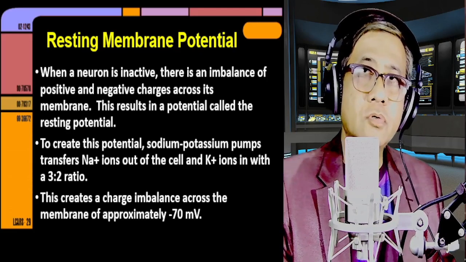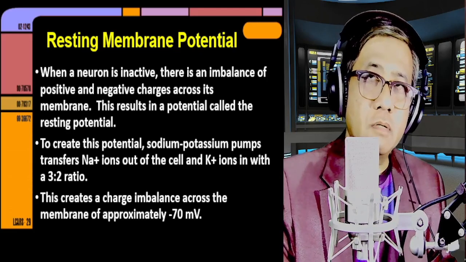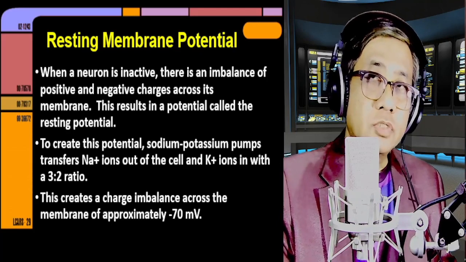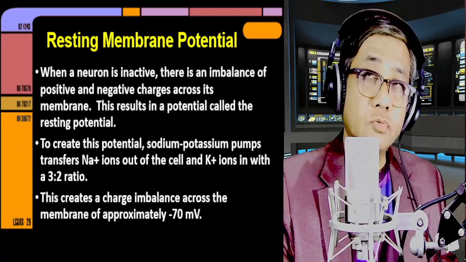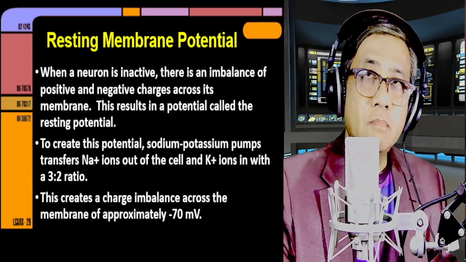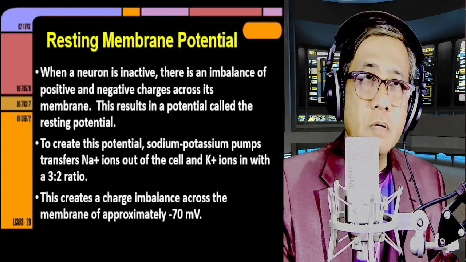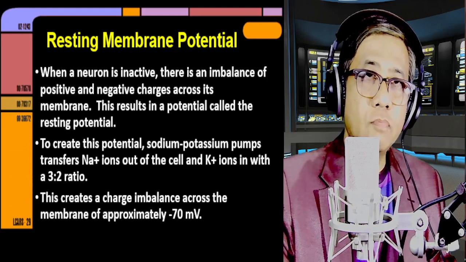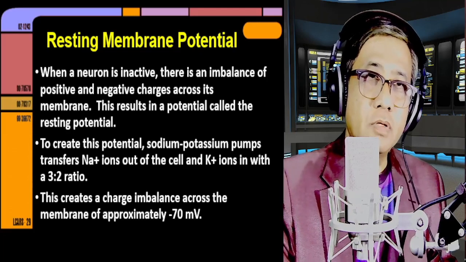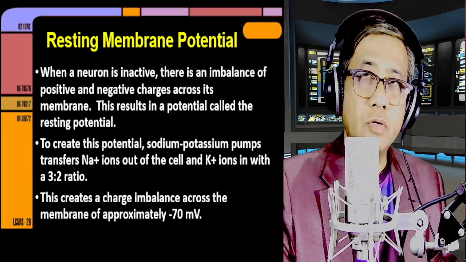Now, in order to create this so-called resting membrane potential, the sodium-potassium pumps, as we mentioned earlier in my previous lecture about the activities of the cell membrane, must transfer sodium ions out of the cell and potassium ions in the cell with a 3 to 2 ratio.